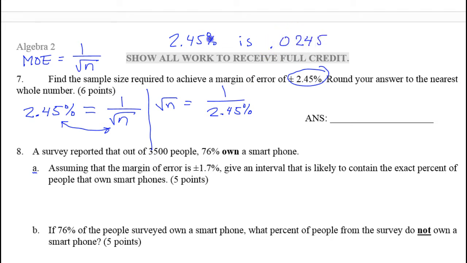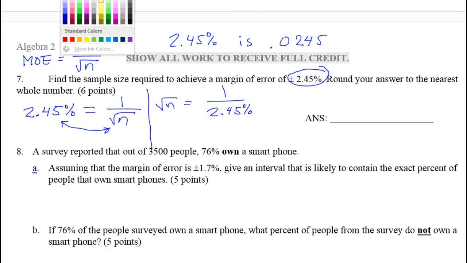So I can't just take away the percent, because 2.45% is not the same thing as 2.45. It's 0.0245. You can either leave the percent sign there, or convert it to a decimal in the first place. I'll show you that in a second. But if you want to just use the 2.45, you have to keep the percent there.